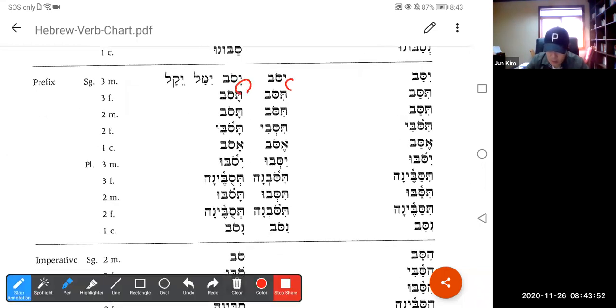Sometimes you take the hireq or tsere form. So you need to be really flexible. In terms of the indicators of all those forms and stems, geminate is quite flexible.